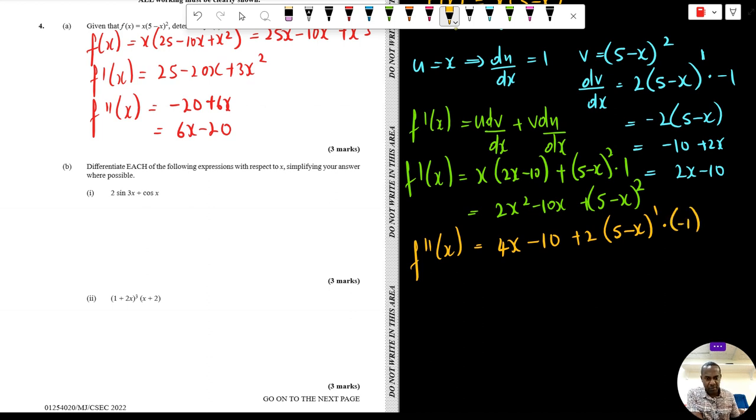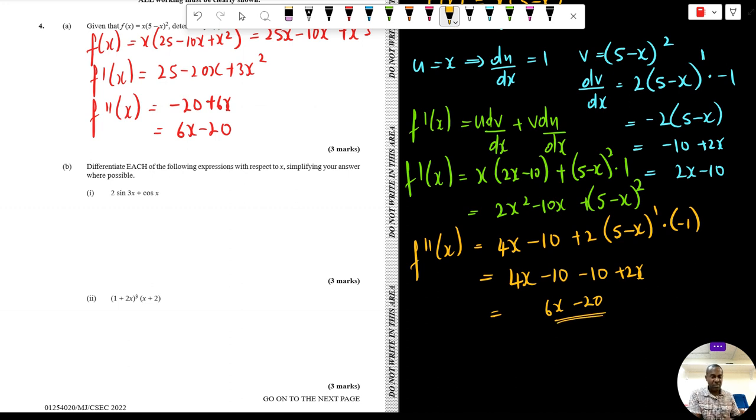And of course, you try to simplify. So this gives us 4x minus 10. Now this is 2 times 5 times minus 1, which is minus 10, and then we have 2 times minus x times minus 1, which gives us plus 2x. And so we have 4x plus 2x, which is 6x minus 20.